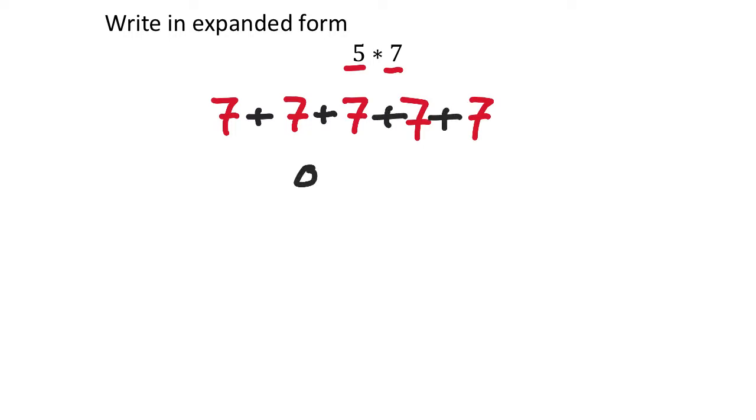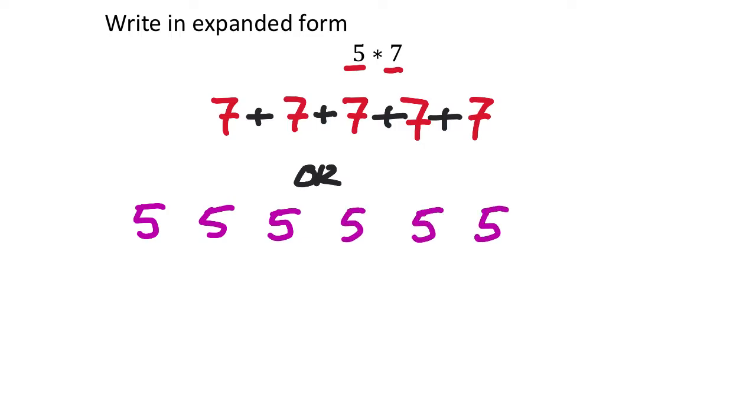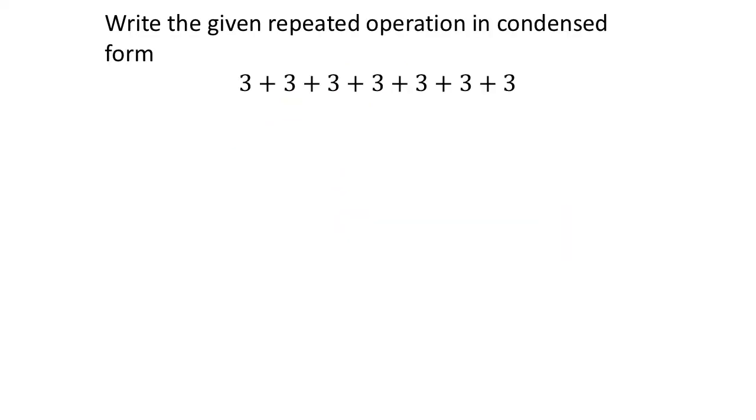So that's one way to put this out. But you could have done 7 groups of 5, right? So it'd be 1, 2, 3, 4, 5, 6, 7 5s. And these are all being added together. So either one of these would work, even if you were taking the quiz.